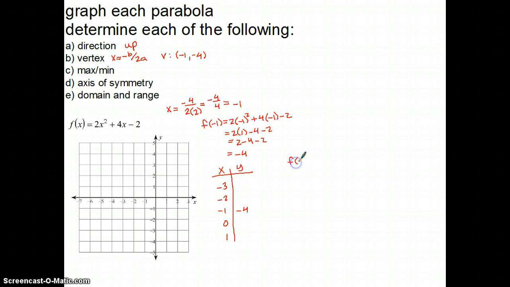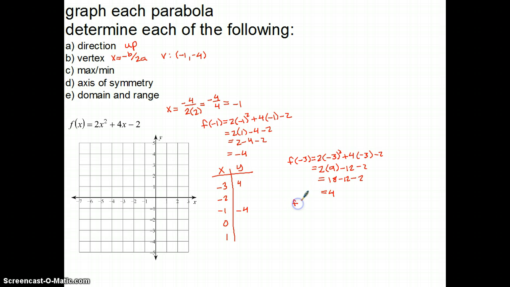The first is f of negative 3. You should have 2 times negative 3 all squared, plus 4 times negative 3 minus 2. Negative 3 squared is a positive 9, so 18 minus 12 minus 2, which is going to be a positive 4.